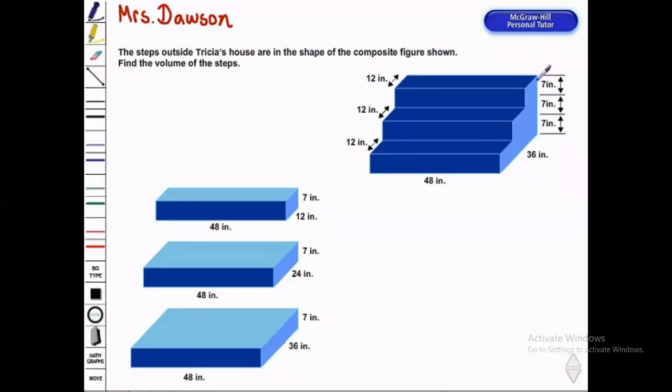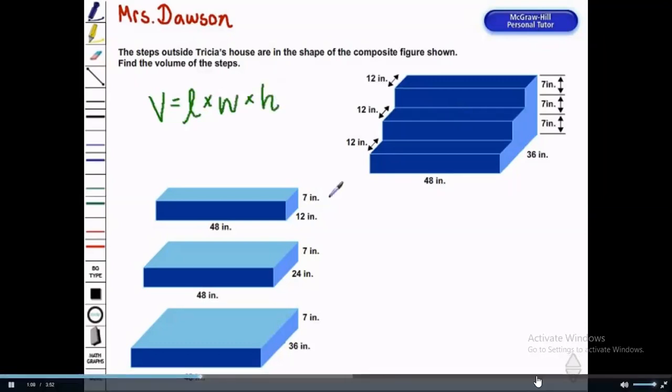A composite figure is a figure made up of 2 or more individual figures. If we take each step separately, we have 3 rectangular prisms. To find the volume of a rectangular prism, we use the formula volume equals length times width times height.